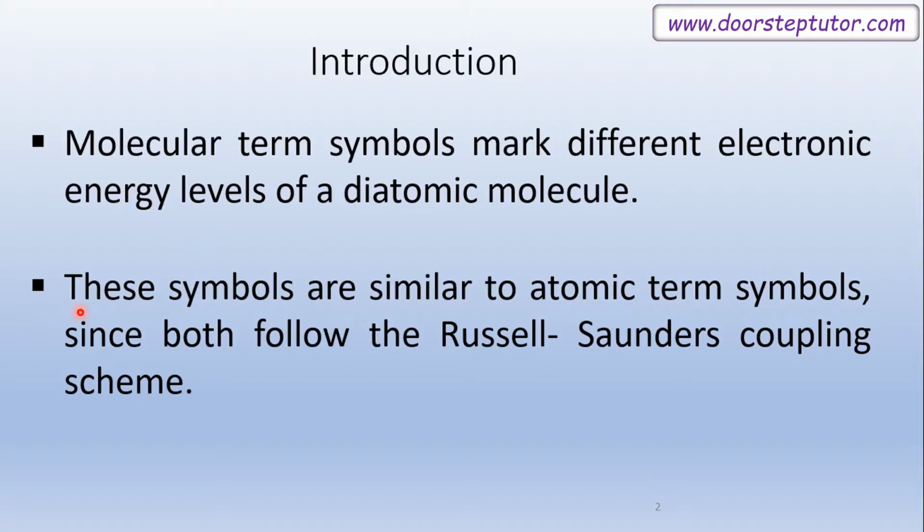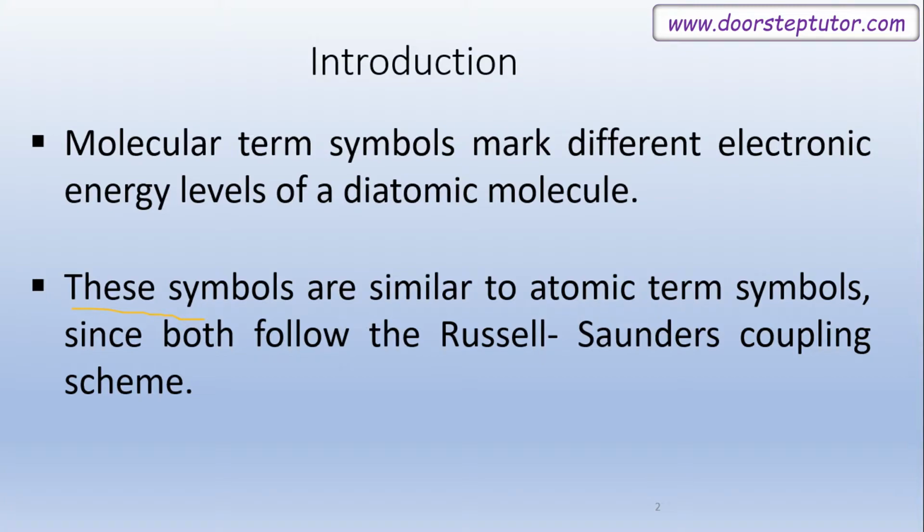Generally the atomic term symbols we can use for the representation of transition metal complexes, most probably atomic term symbols like 2F, 3P. So we can represent atomic term symbols in transition metal complexes.